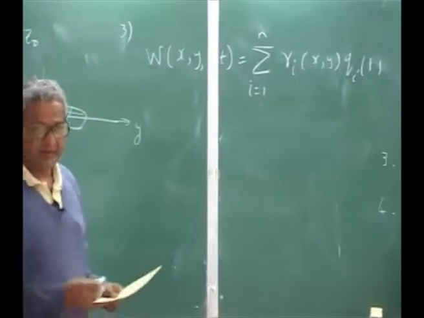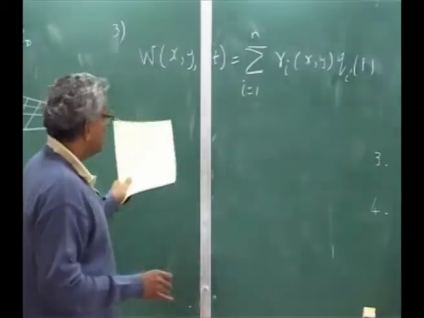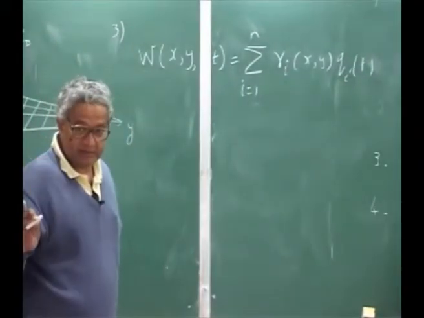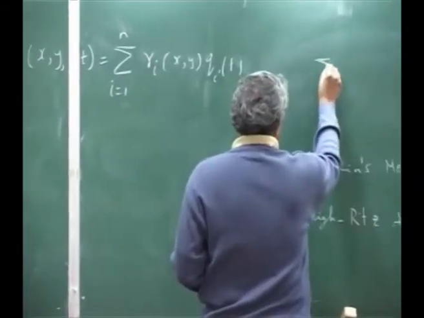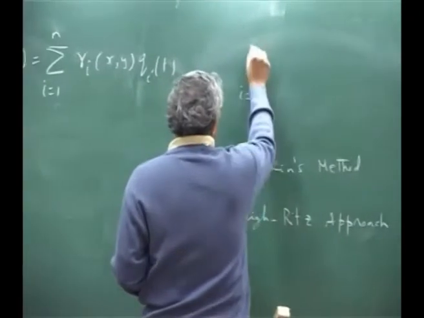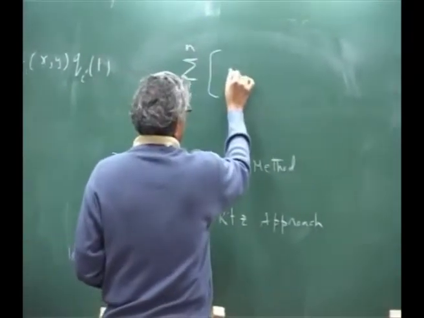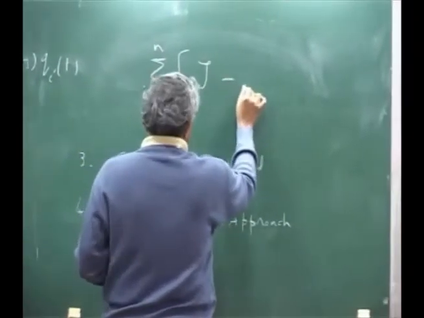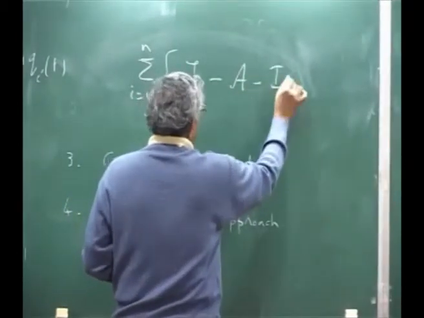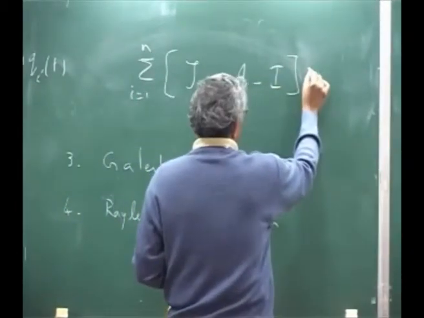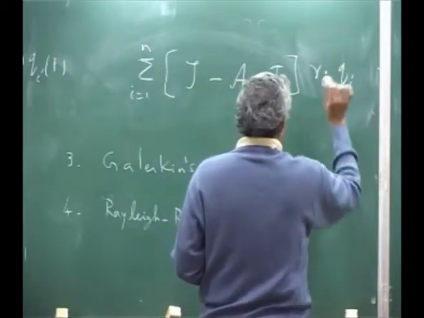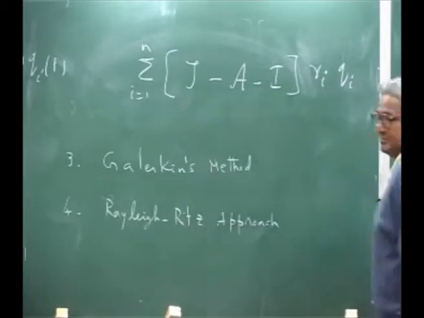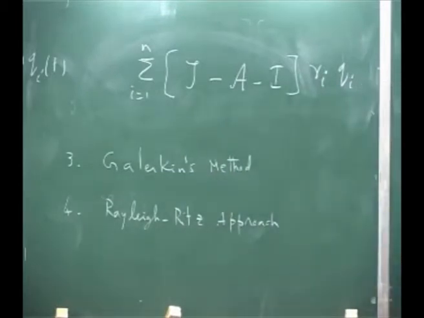That means when you substitute in your equation, it will be summation i equal to 1 to n of the structural operator minus aerodynamic operator, inertia operator, into gamma i q i. I am just substituting for the deformation directly.